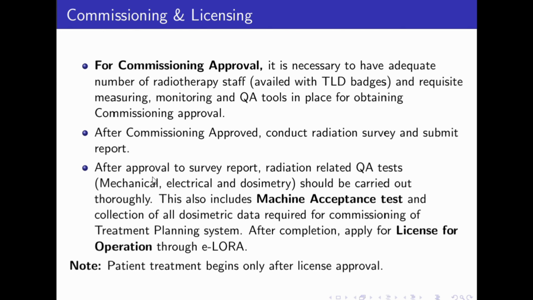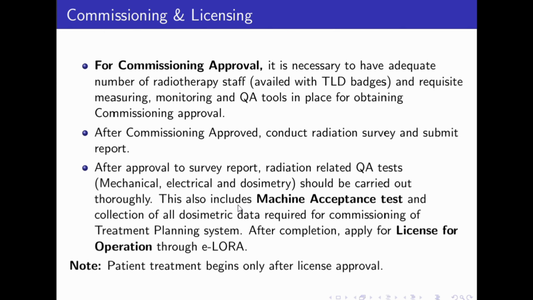After approval of the survey report, radiation related QA tests like mechanical, electrical, and dosimetric tests can be performed. This also includes the machine acceptance test: you bought a machine from a supplier, then they do some tests, and these tests are called the machine acceptance test.